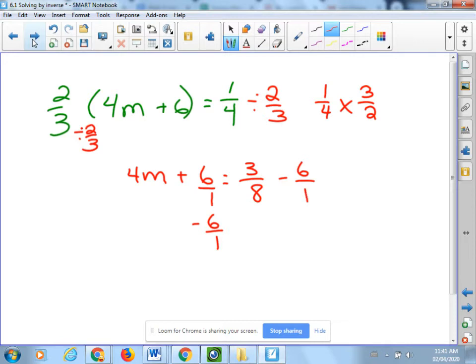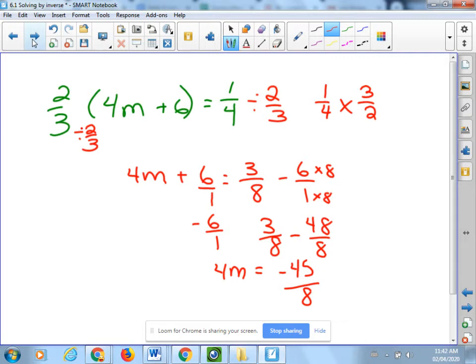When I'm working with an equation like this, I need a common denominator when it comes to subtracting, which can be 8. So if I multiply by 8, 3 out of 8 minus 48 out of 8 equals negative 45 out of 8. And that is equal to 4m.